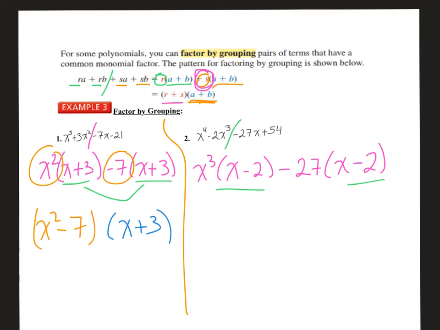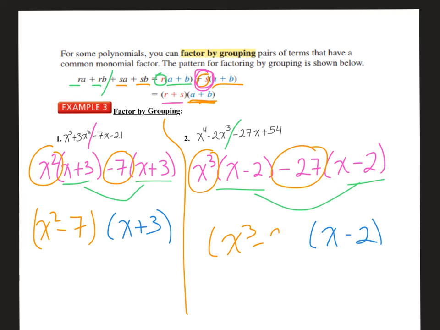Again, these 2 are in common, so I can write that first, x minus 2. And if they're ever not the same, you need to go back and split it up a different way. Write what you have on the outsides of the parentheses, x to the third minus 27.